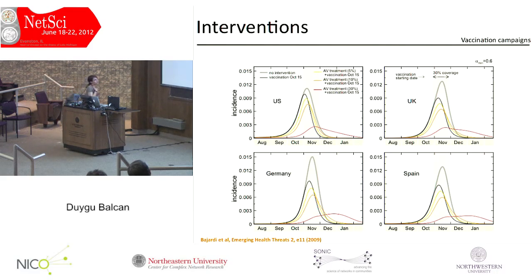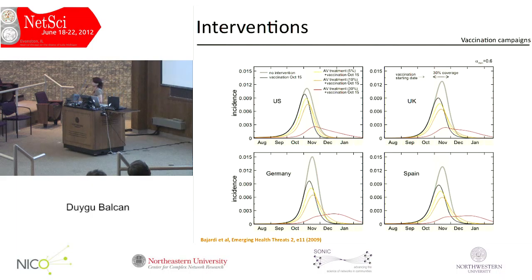If you could start the vaccination a bit earlier than the peak of the epidemic without interventions, then you have a larger impact in the amplitude, but it doesn't tell you whether the cumulative number of cases would be reduced or not. And in fact, in none of the cases did we observe a significant reduction in the cumulative number of infected individuals.